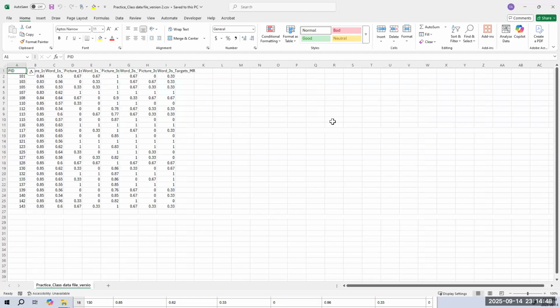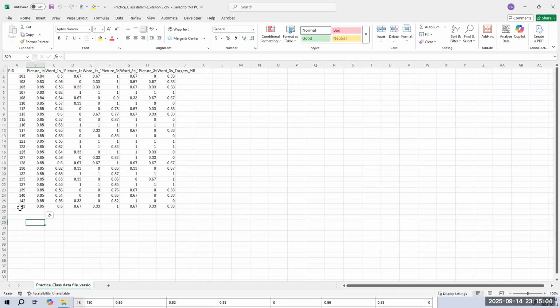Now, if you want to look at the PID, now this is our data over here, right? PID, participant ID 101 to 143.